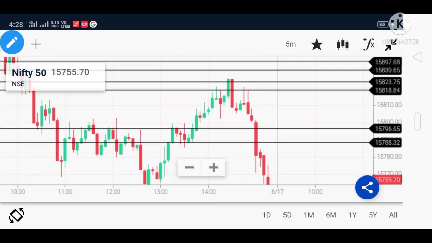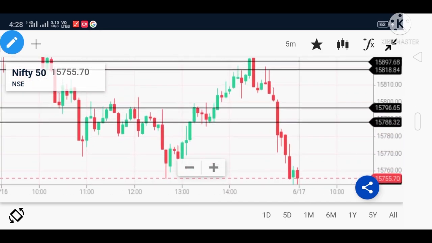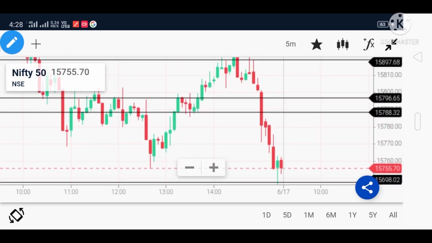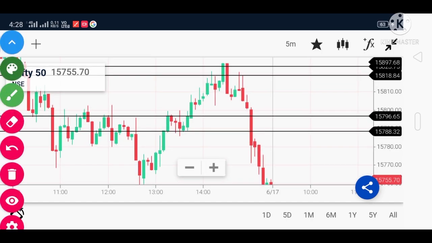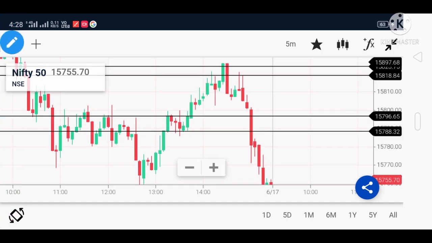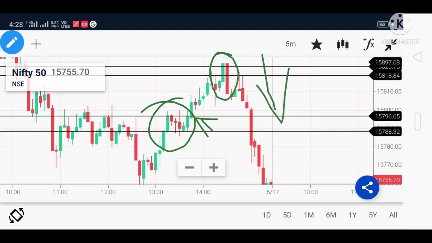You can see, right? See, Nifty went down, then it again came back to our level, and then again it took some time there, and it broke here, and just at our level it went down, and boom.